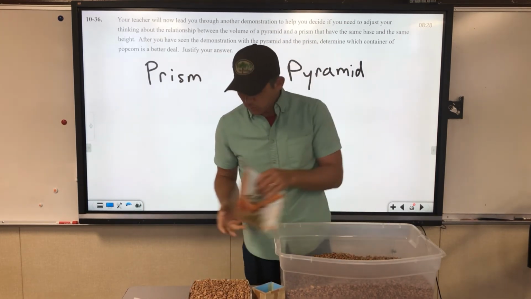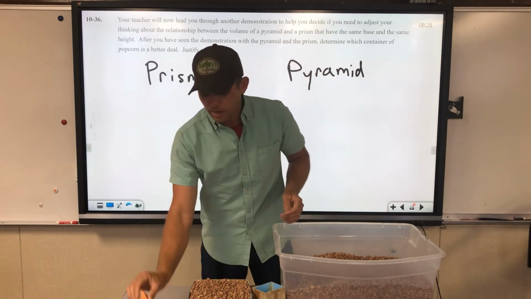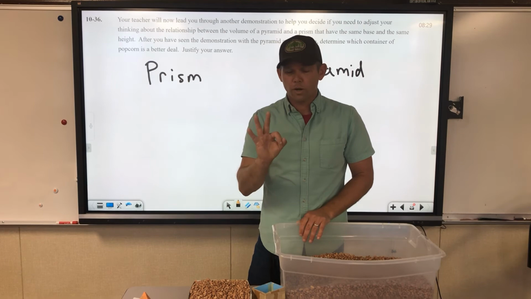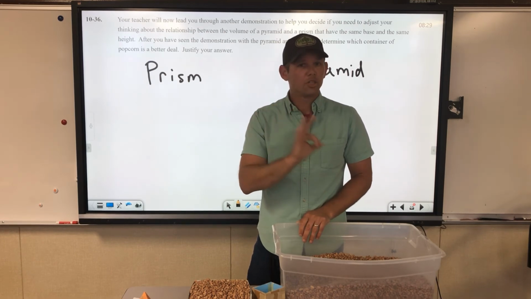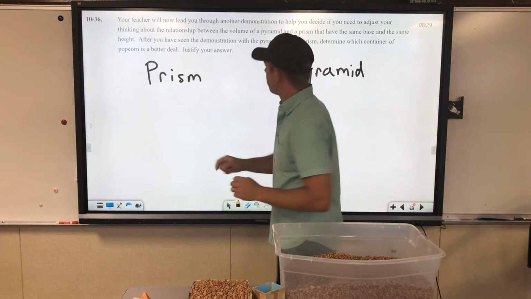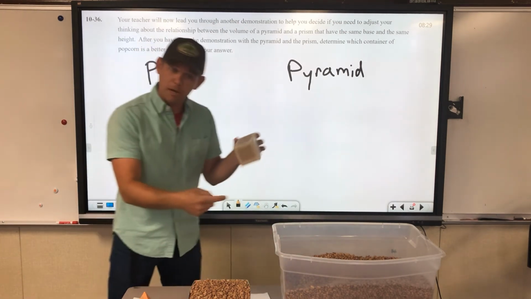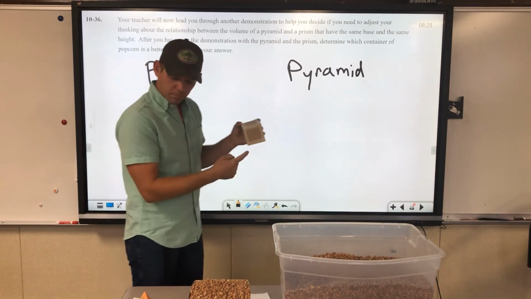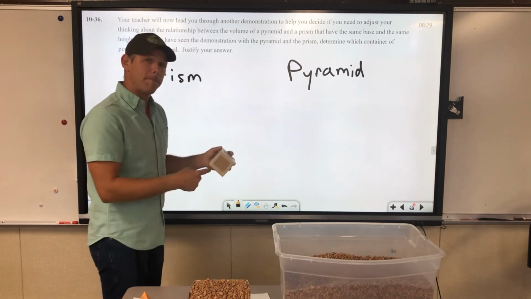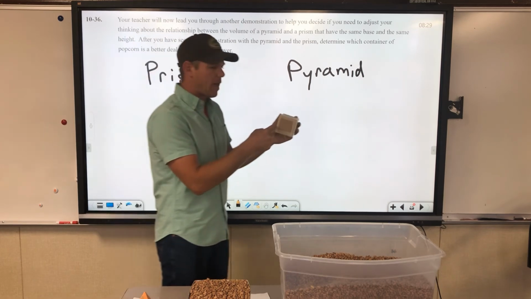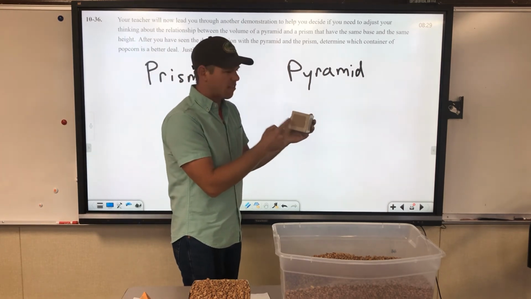So I want you to notice that once again, our relationship is 3. 3 scoops filled it up. So in a prism, this prism has a base, which we could call length times width.